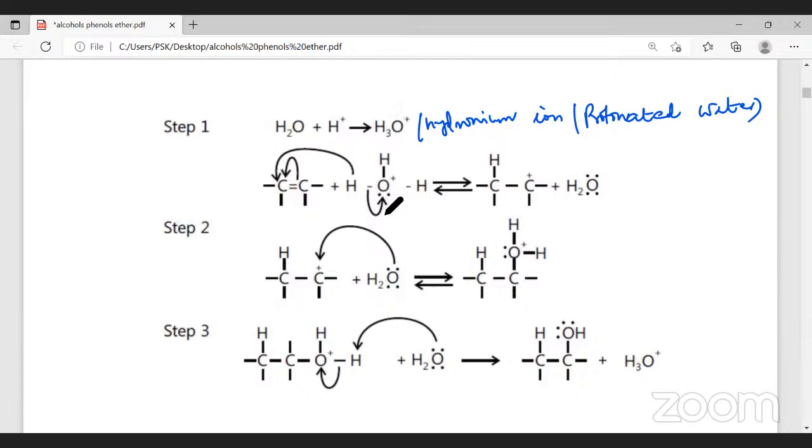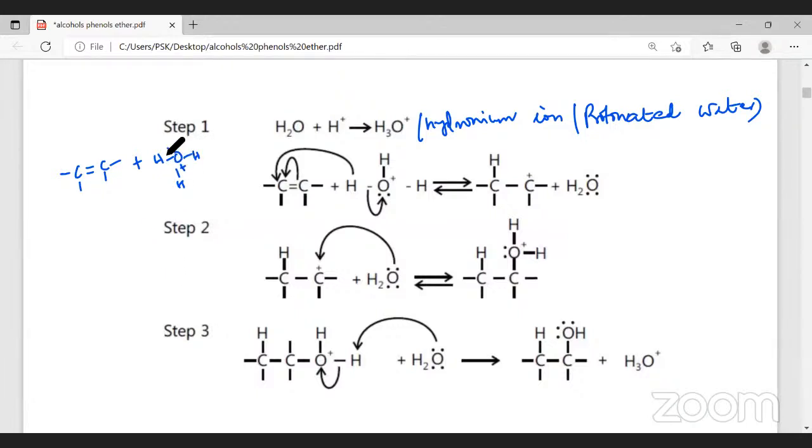The second step is, this hydronium ion being reactive will react with an alkene. So alkene, we will write it as a double bond like this, CH2, and this hydronium, it is H3O+. And this oxygen atom has a positive charge.